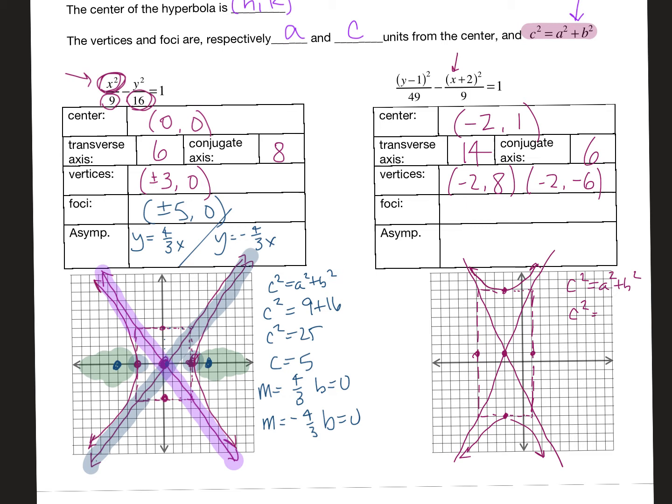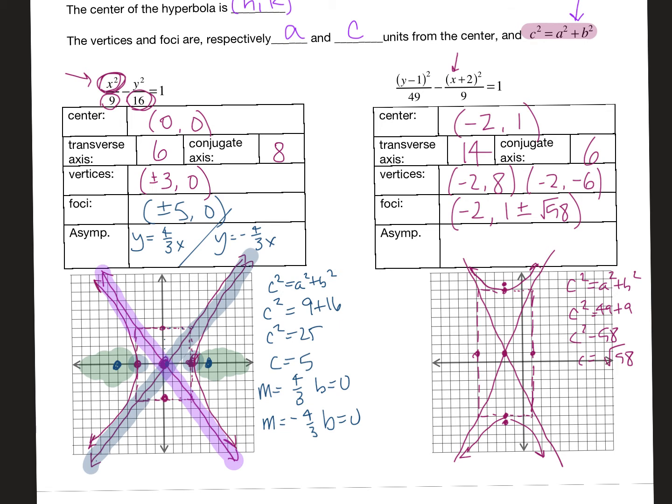So let's see, 49 and 9 is 58. So c is the square root of 58, which is just a touch more than 7, but less than 8. So here and here. I should be able to name that because I know where the center is, and this was an adjustment up and down. So I'm going to add and subtract it from the y coordinate.